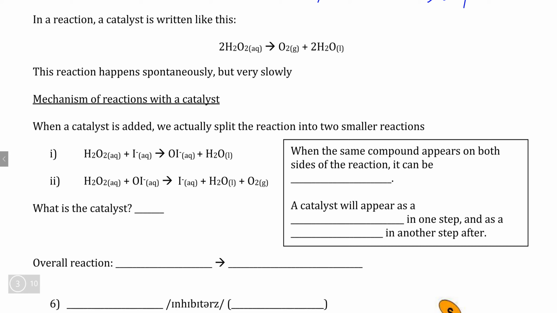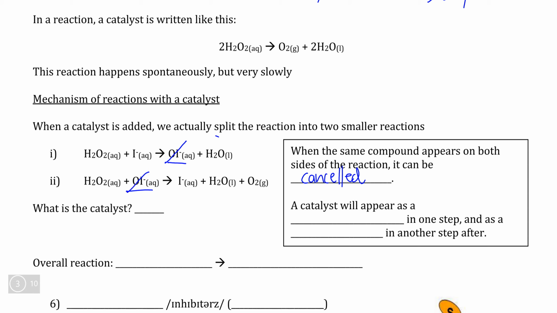When we add a catalyst, we can see that this reaction occurs in two steps, and if we simplify it in the way that we looked at when we looked at how to do Hess's law problems, we can see that there are certain compounds that we can cancel as long as they appear in both the products and the reactants. For example, this oxygen iodide polyatomic ion is a product of the first step, but then is consumed as a reactant in the second step.